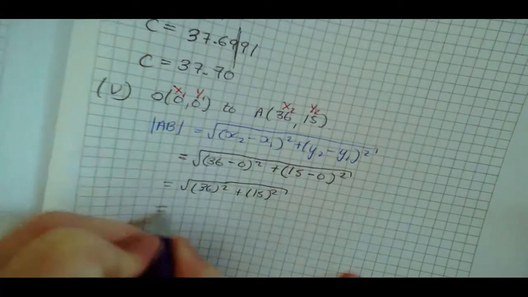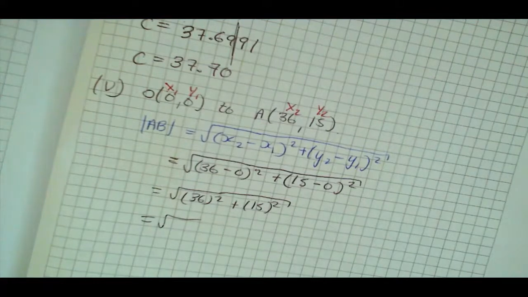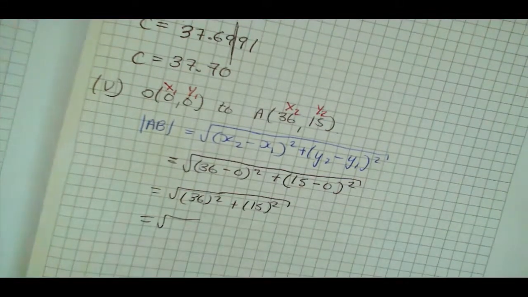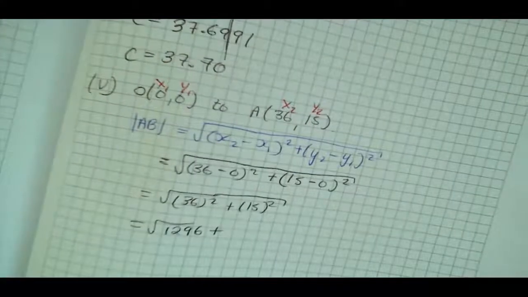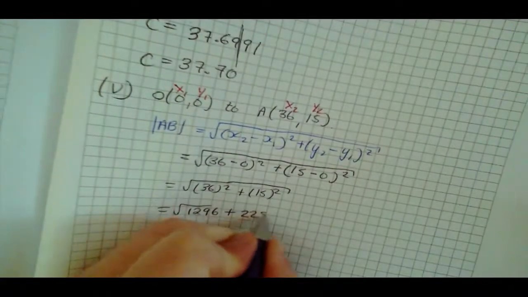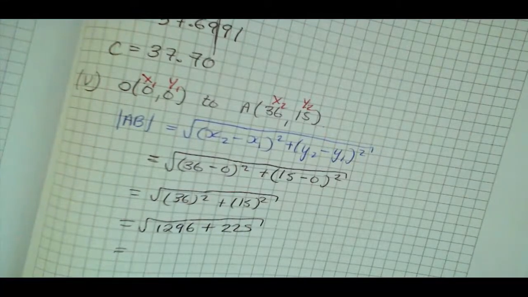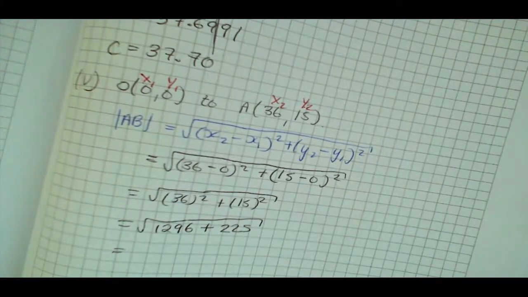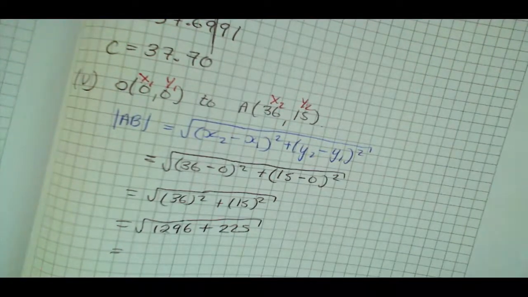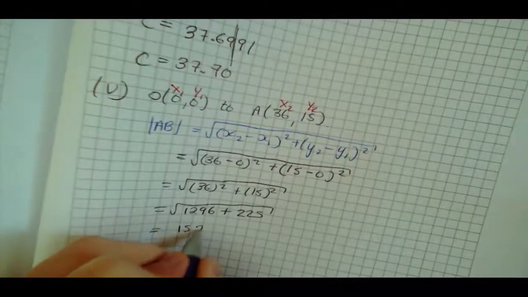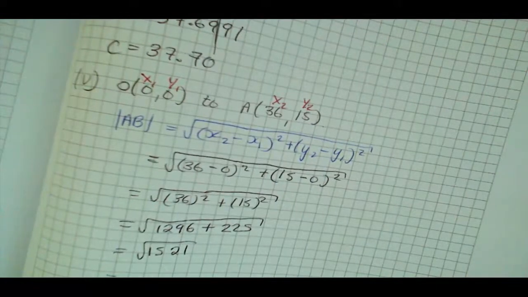So the square root then of 36 minus 0 is 36 squared, plus 15 minus 0 is 15 squared. 36 squared then is 1296 when we do it on a calculator, plus 15 squared, which is 225. 1296 plus 225 is equal to the square root of 1521, which is equal to 39.